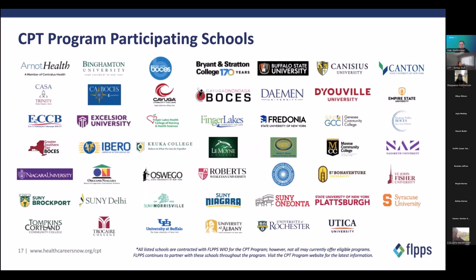As I mentioned before, we have a list of 45 schools, or 43, over 40 schools that are in partnership with us. They are taking CPT participants. Each one offers the academic programs, and each one of them has their unique requirements. The schools that you see on the screen are the schools that are in contract with the CPT program.